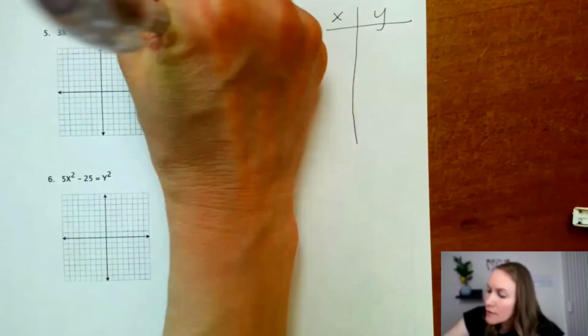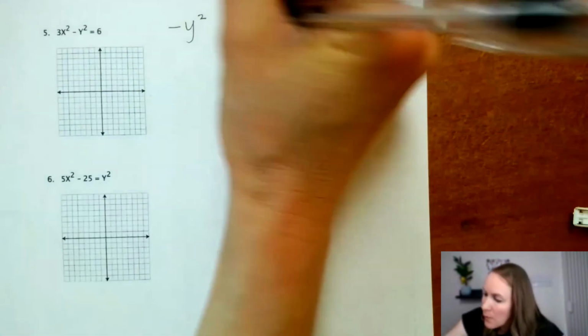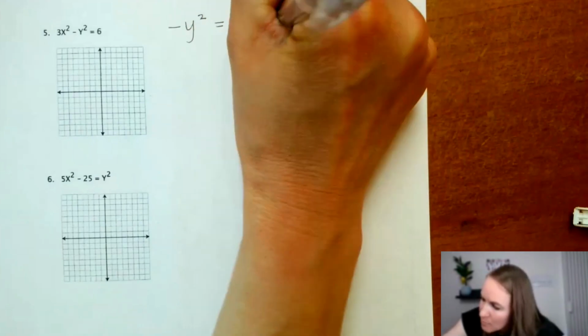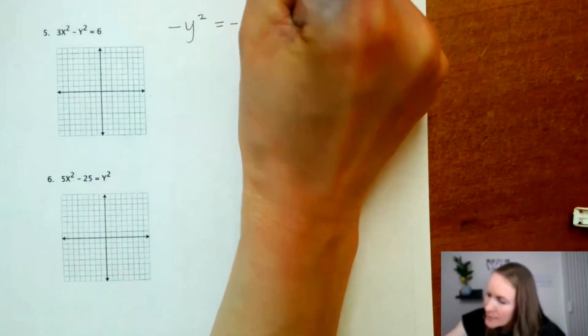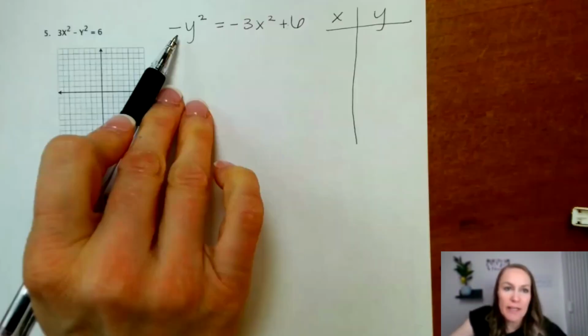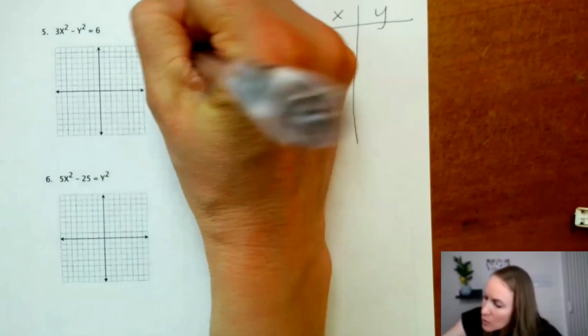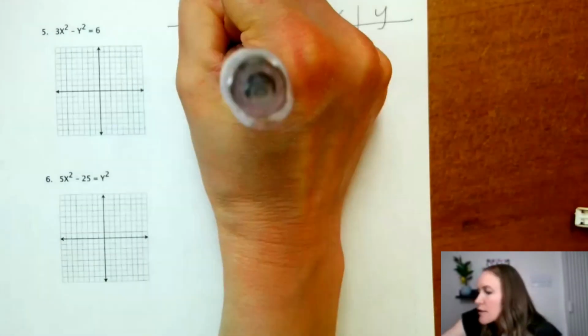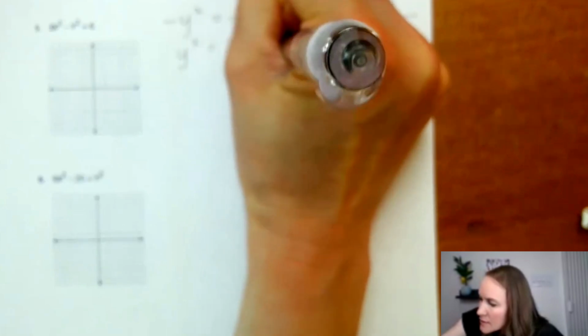And I get negative y squared equals negative 3x squared plus 6. Caught myself there. Now I'm going to go ahead and divide by negative 1 each term. y squared equals positive 3x squared minus 6.